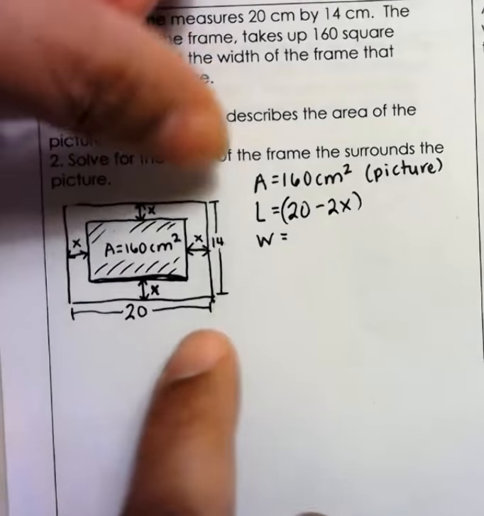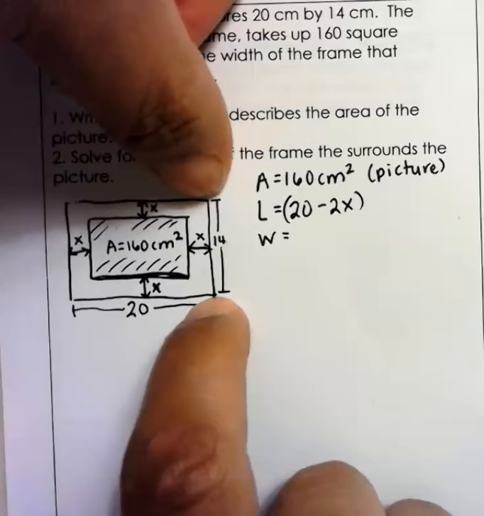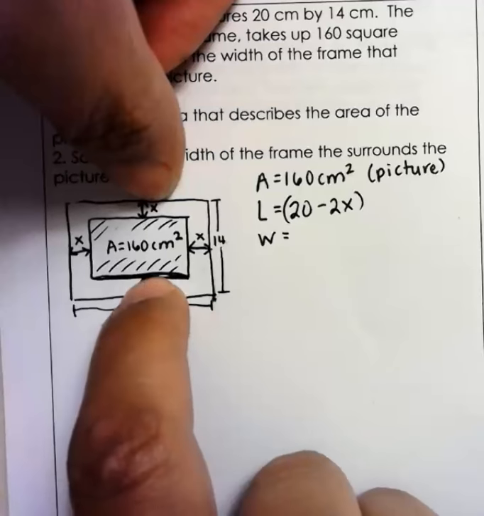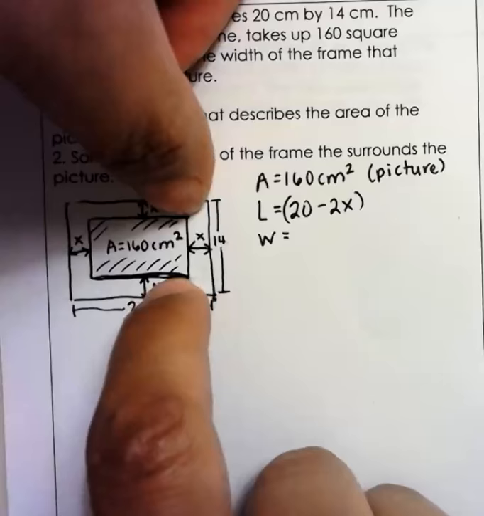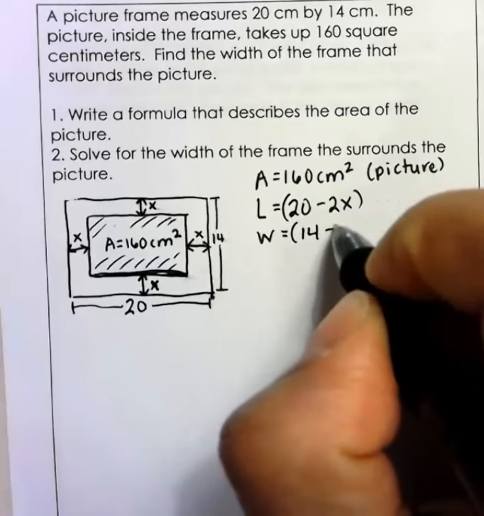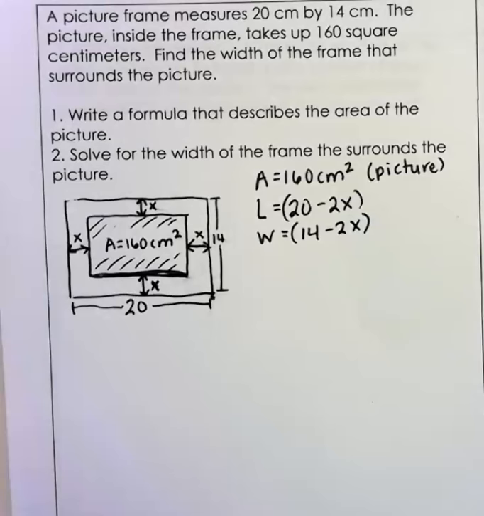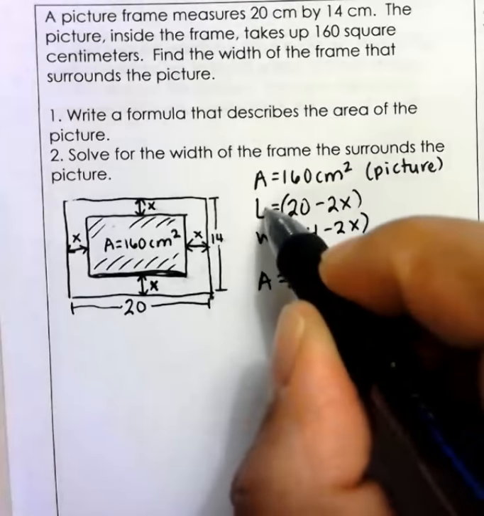The width of the picture is going to be, you have the 14, which is the frame, and if you take away this X and that X, you're left with the width of the picture. So it's going to be 14 minus 2X. So area is defined as length times width.